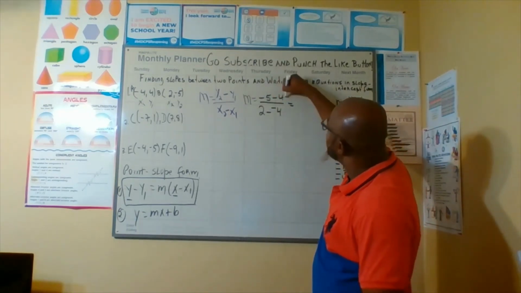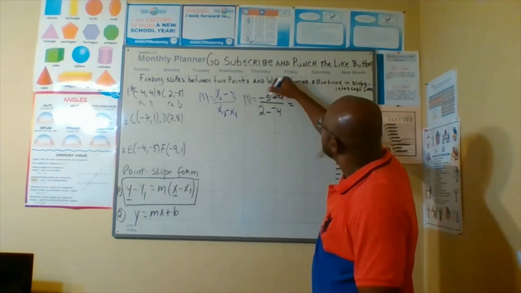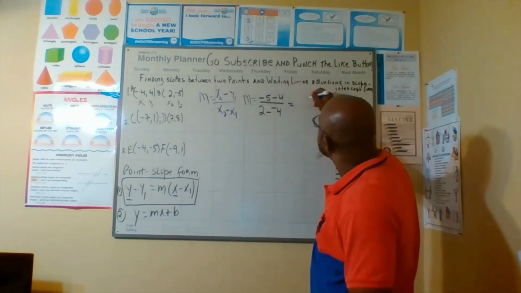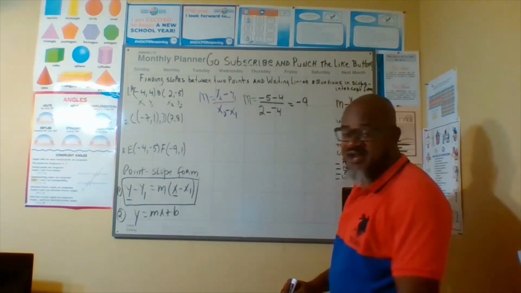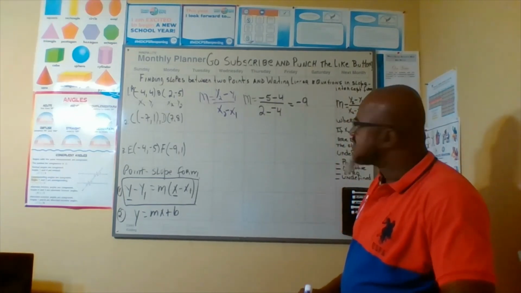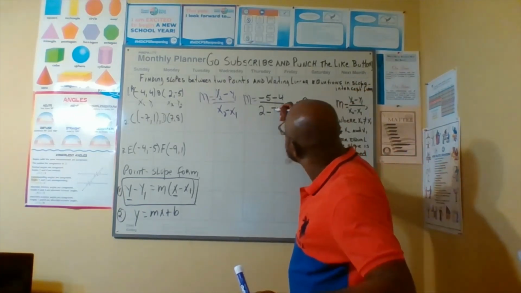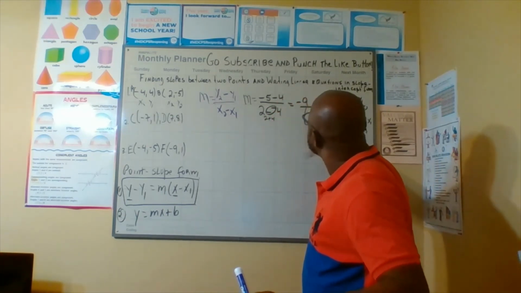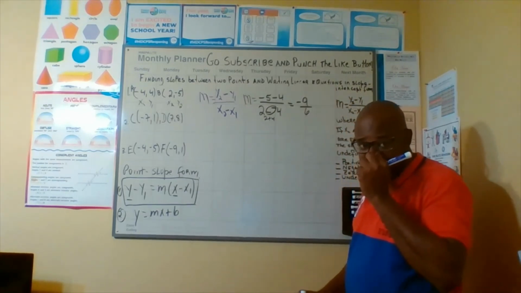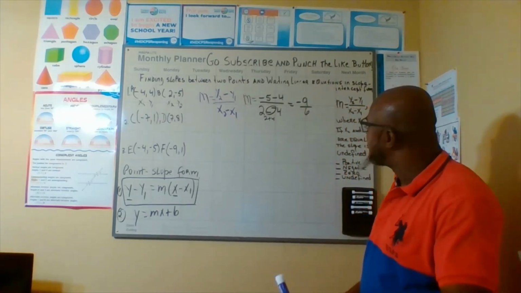Here you have two negatives, you just add 5 plus 4 is 9, and you carry this sign since both of them are negative. Add the numbers and keep the sign. Here you have minus a negative, it's going to become 2 plus 4, which is 6. Now some of you are going to stop here. This is wrong. You need to simplify.